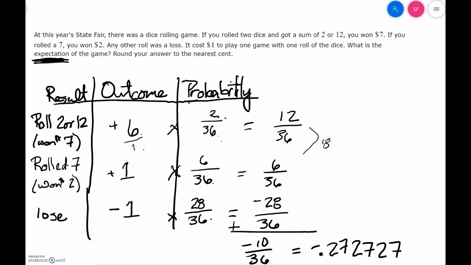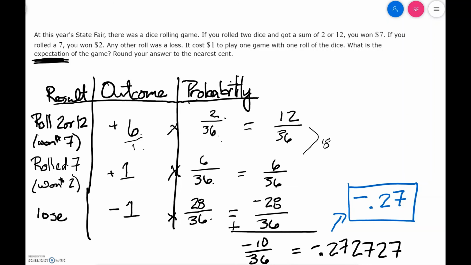The problem asked to round your answer to the nearest cent, so that means 2 decimal places. So the answer I am going to plug in is negative 0.27. That means that on average, if I average all those plays together, each time I'm going to lose 27 cents.